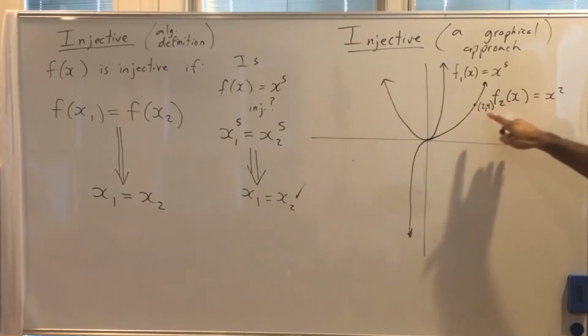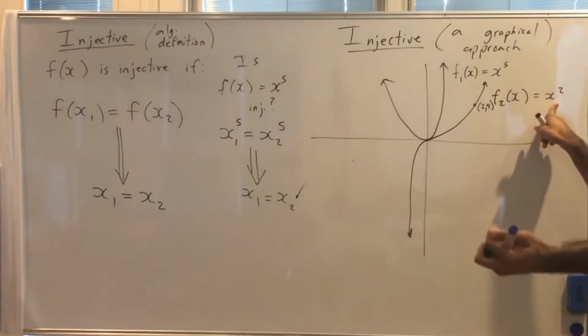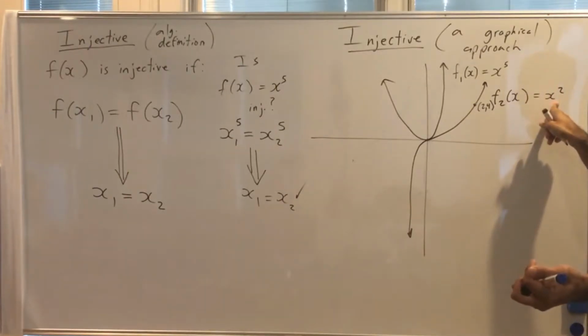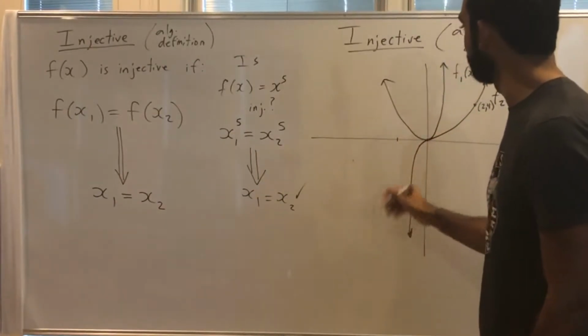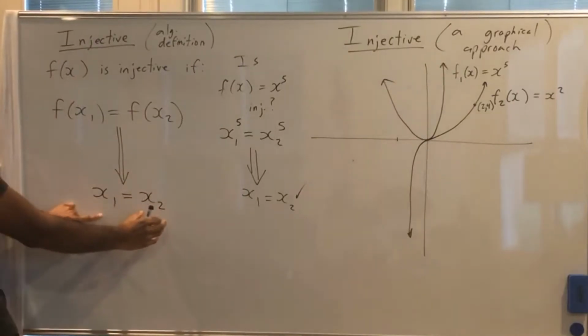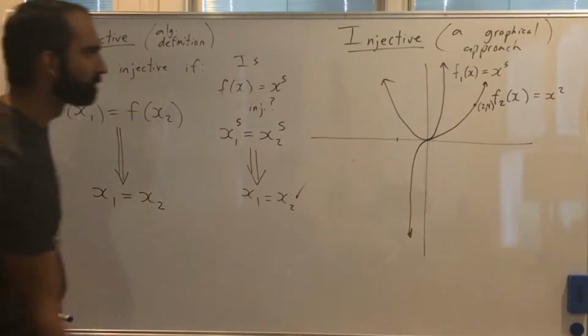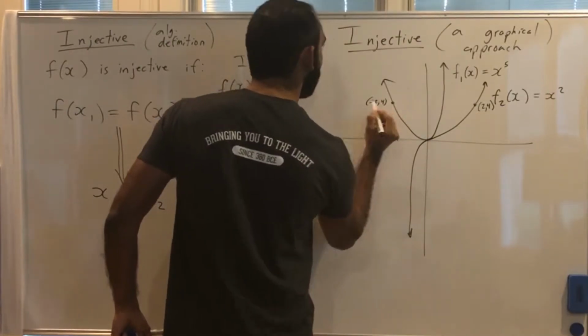Is squaring 2 the only way to get to 4? No. I can also square what else, Victoria? To get to +4. -2. So this graph is not 1 to 1. It's 4 equals 4, but 4 equaling 4 doesn't mean x1 has to equal x2. So -2, +4.